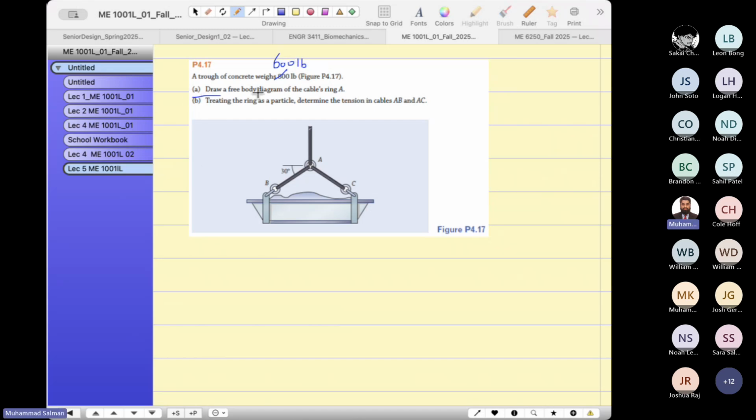Draw the free body diagram of the cable ring, treating the ring as a particle. Determine the tensions AB, AC. Let me show you how you are going to show the free body diagram.